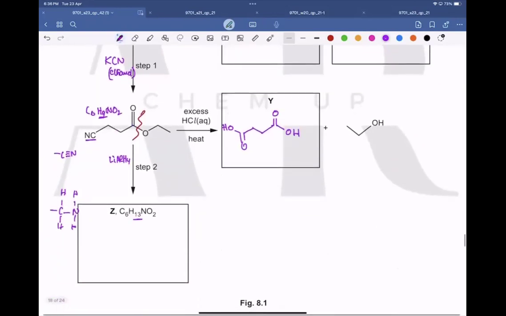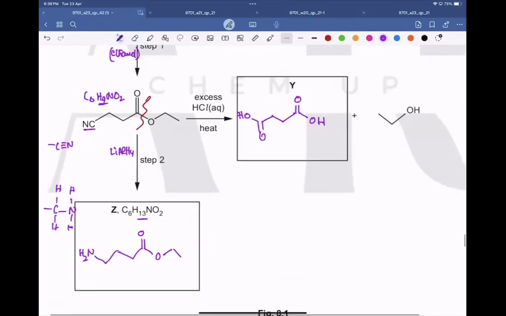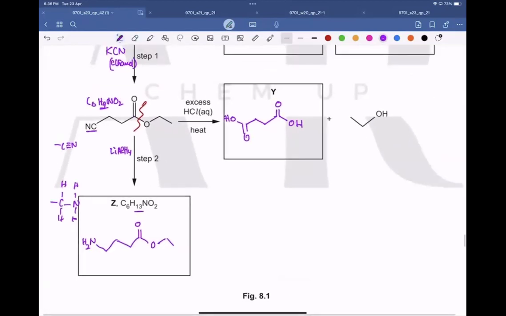Okay, now if this is the case, then no breaking would occur over here because it's a reduction of a nitrile group. So it becomes CH2 and NH2 instead of C triple bond N. Okay.